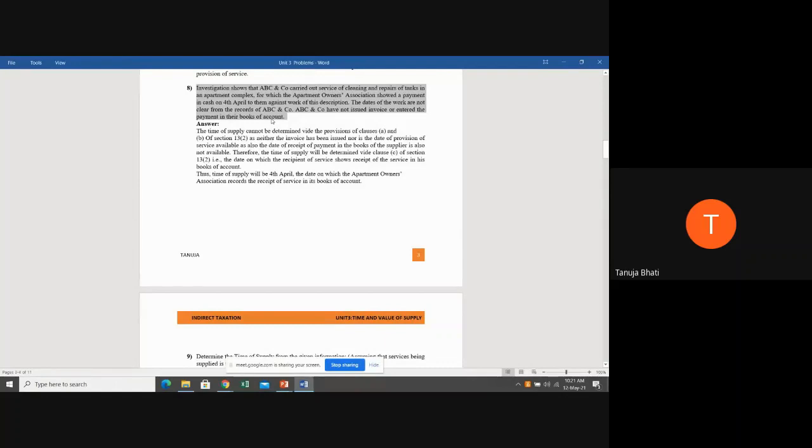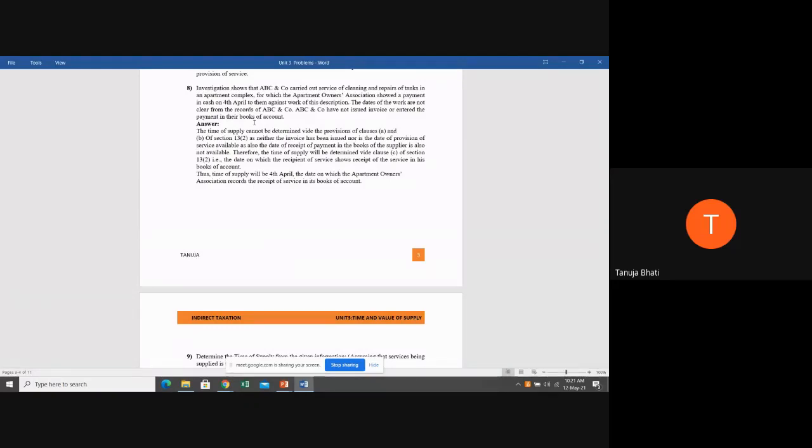Students, in this particular problem, there is no clarity on the date of issue of invoice, or the date of providing the service. The date on which the payment is made is clear, that is the 4th April. But other things like the date of issue of invoice or the date when the particular service has been provided are not clear.